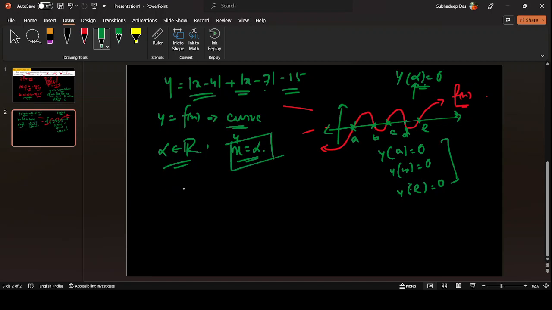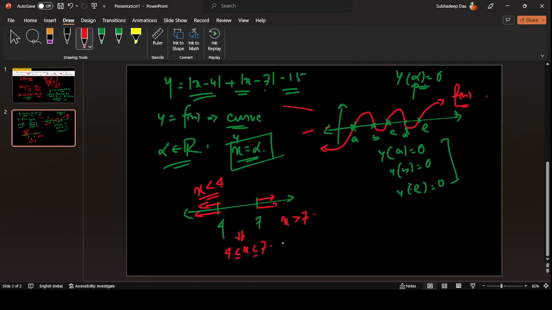Now we are breaking this function into three parts. Suppose this is 4 and this is 7. So we consider three regions: one region is x < 4, that is this portion; another is x > 7, that is this portion; and the last one is 4 < x < 7.